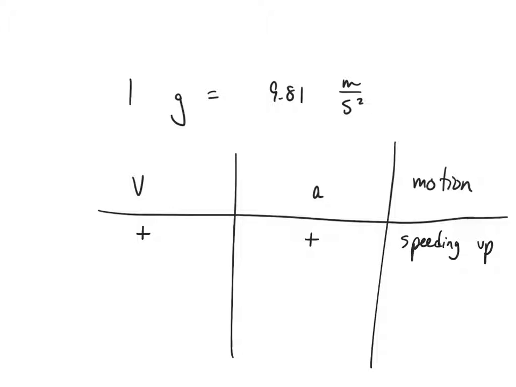What if the velocity is negative and the acceleration is negative? It's still speeding up, but in a negative direction. That's how you can remember speeding up: if the signs are the same, it's speeding up. Now, when the signs differ, it is slowing down. So positive velocity, negative acceleration, or vice versa, it is going to be slowing down.